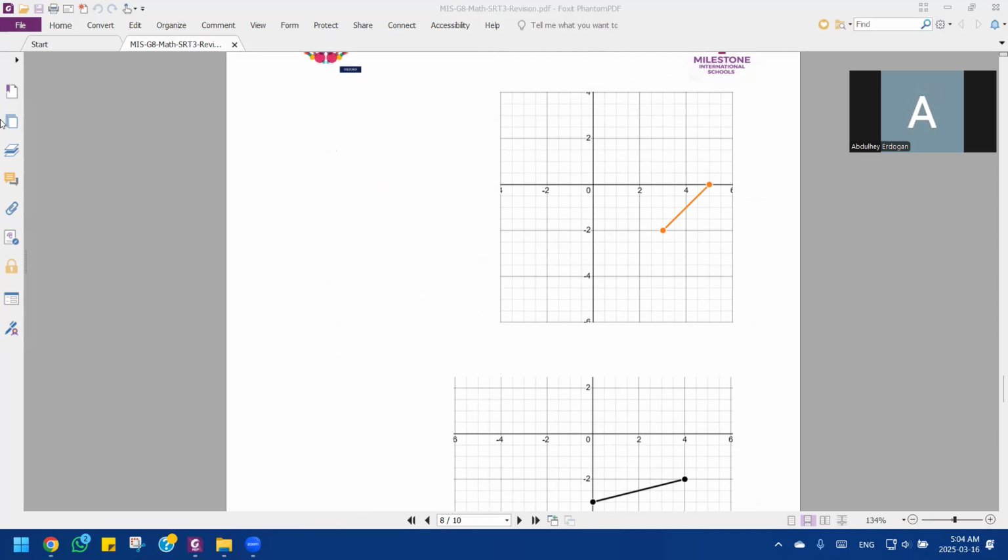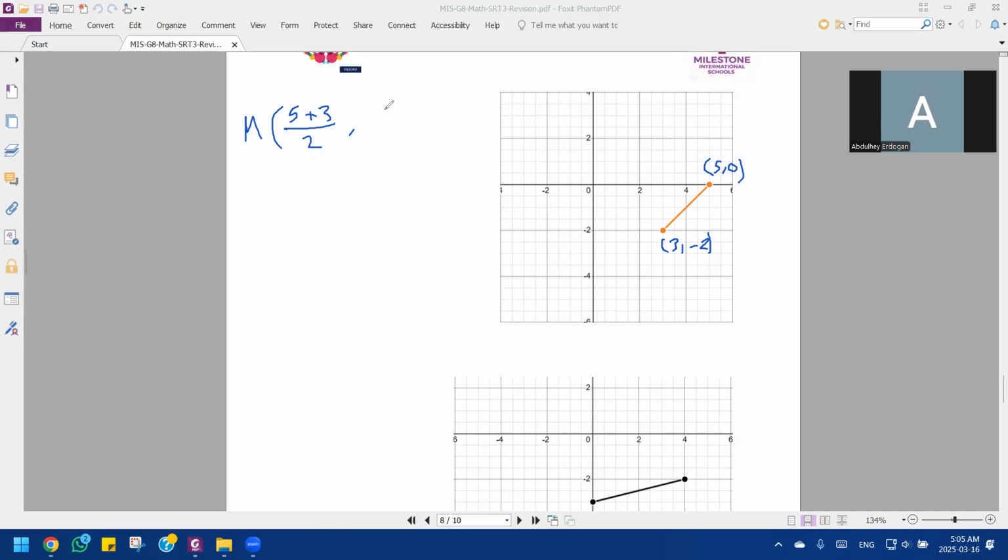Okay, so the coordinates here, the x value is 5, the y value is 0. Here, the x value is 3, the y value is -2. Now we do the formula for m. We add the x values together, 5 plus 3 over 2.